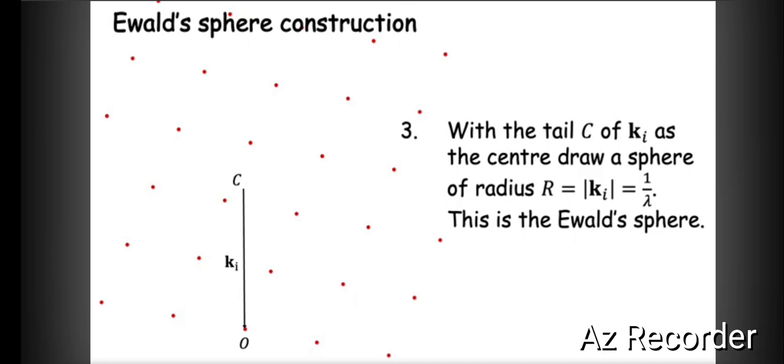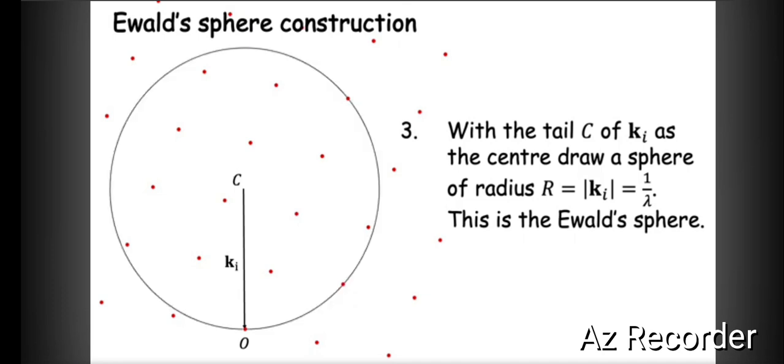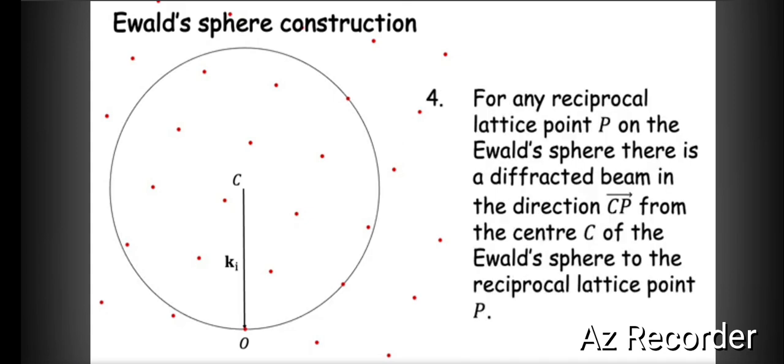This is the Ewald sphere. And then we check whether any reciprocal lattice point lies on the Ewald sphere. For any reciprocal lattice point P lying on the Ewald sphere, we get a diffracted beam in the direction CP, from the center of the Ewald sphere to the reciprocal lattice point.